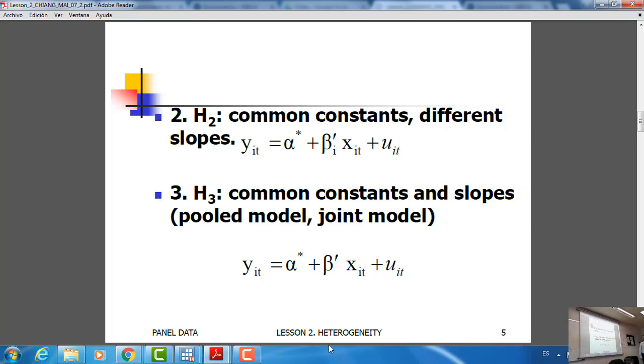So this is a possibility. Does it have a lot of heterogeneity or a little? N times K is like 100,000 times 6, 600,000 slopes.